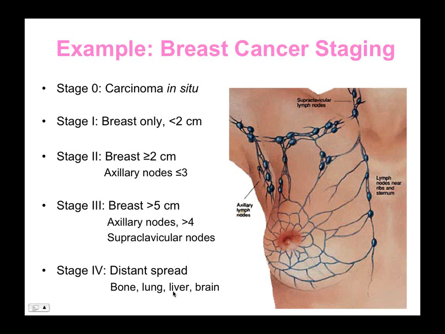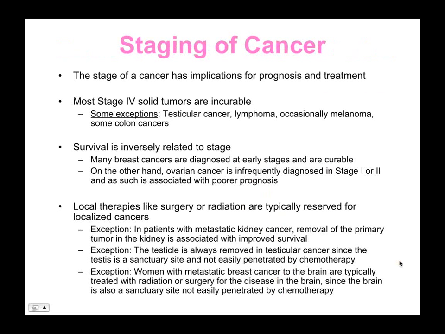And stage 4, of course, being distant spread to other organs. I think it's important to recognize that staging has very important implications for prognosis as well as treatment. And unfortunately, at this time, most stage 4 solid tumors are incurable.